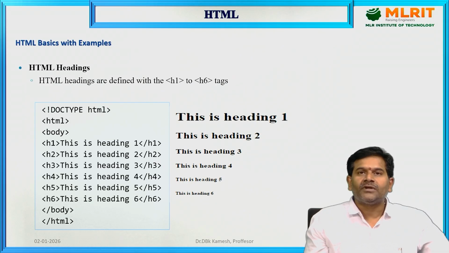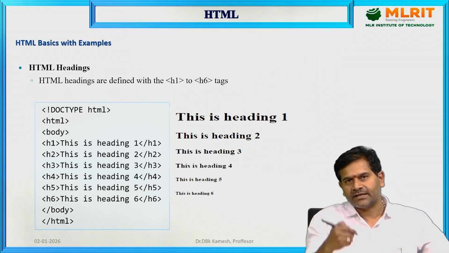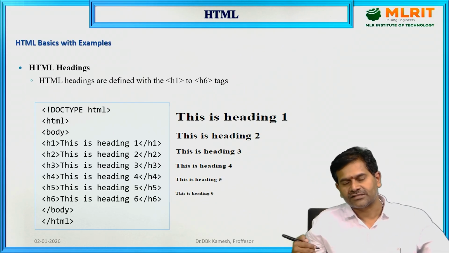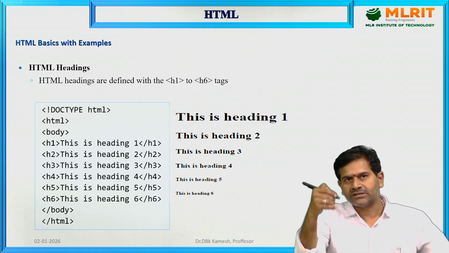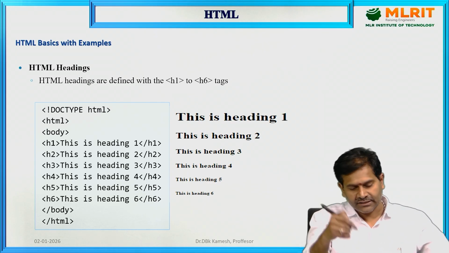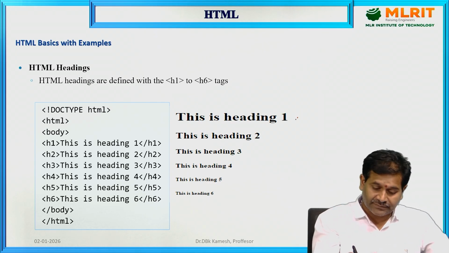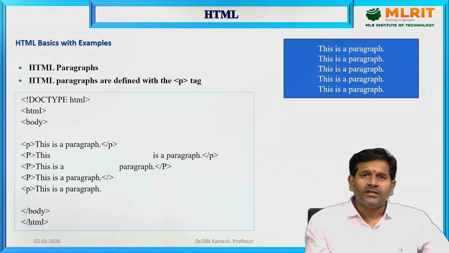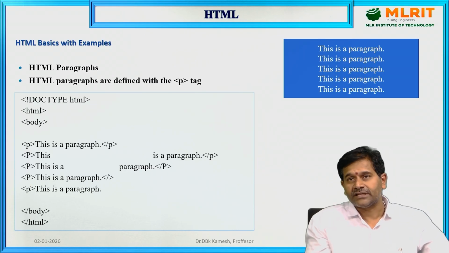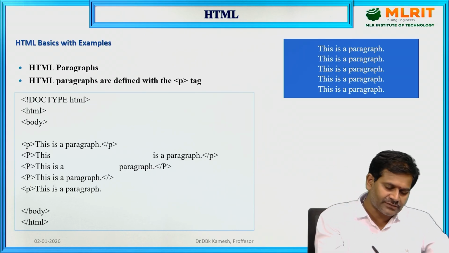Then HTML basics like H1 to H6: how to write heading 1, heading 2, heading 3, heading 4, heading 5, heading 6. This is shown in paragraph form, with font size decreasing.